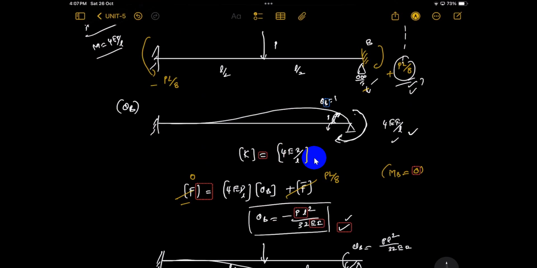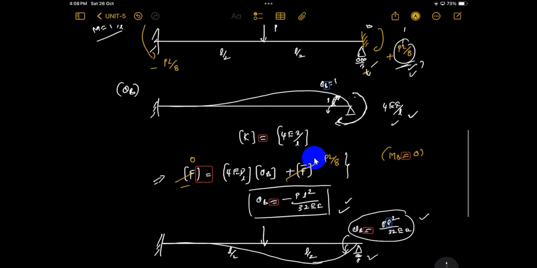The frame rotates by theta B to nullify that moment of PL by 8. This amount of rotation will occur. That is the meaning of this equation. Are you understood? Once again, got the point?